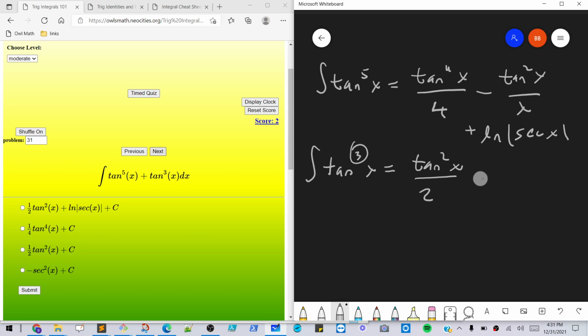Oh, sorry. It's interchanging. The signs change for each term. Like this. And then what you see when you add these together, this cancels with this, cancels with this, and we're left with our answer of tan to the 4th x.